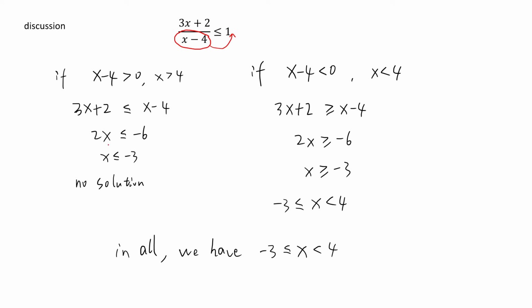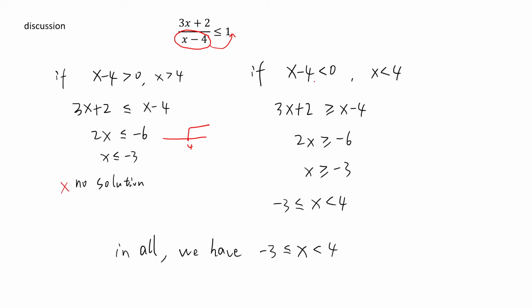Then we have 2x smaller than or equal to -6, and x smaller than or equal to -3. But remember, this is under the condition of x greater than 4. So x smaller than or equal to -3 is impossible. There's no solution in this case, right?